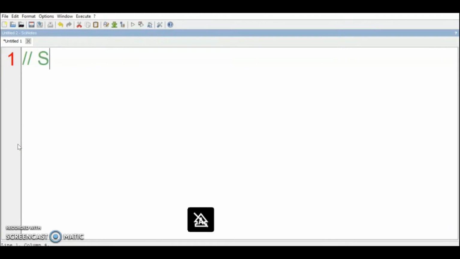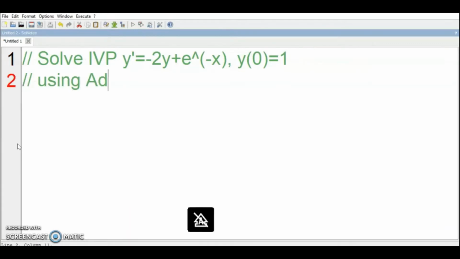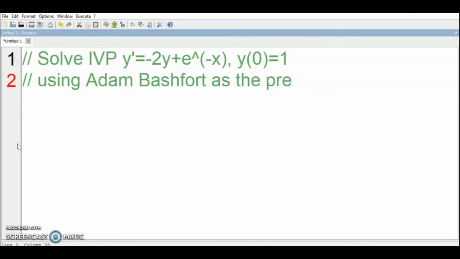The command here is: solve initial value problem y prime equals negative 2y plus exponent e to the power of negative x, initial condition given, using Adams-Bashforth as the predictor.